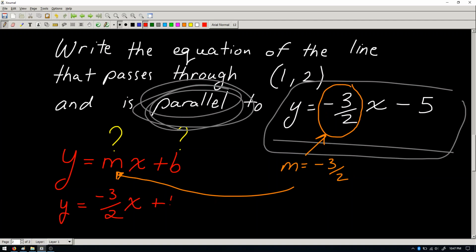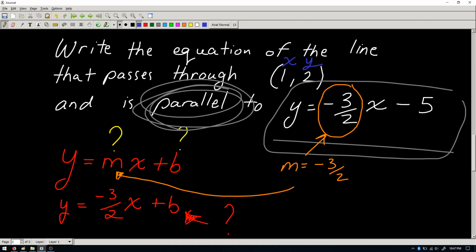Now the question is, how do I get b? How do I get that y-intercept? Well, I've been given a point. The point that the line is going to be on has an x-coordinate of 1 and a y-coordinate of 2.